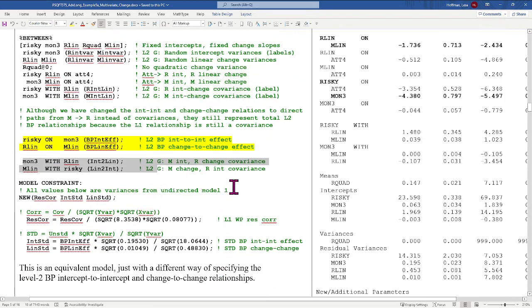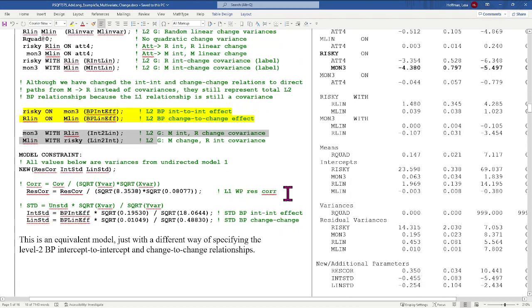So to keep the results on a similar scale, I am converting what I called in the book pseudo-standardized estimates. So at level 1, I can compute a correlation like I did before. And these numbers, by the way, are from the original undirected model in each case. And I'm creating a standardized slope by taking the unstandardized slope, multiplying it by the square root of the predictor variable, and then dividing by the square root of the outcome variable.